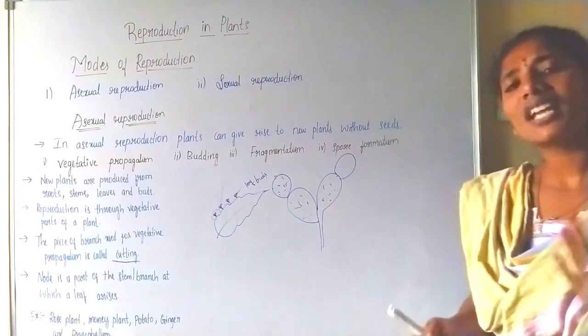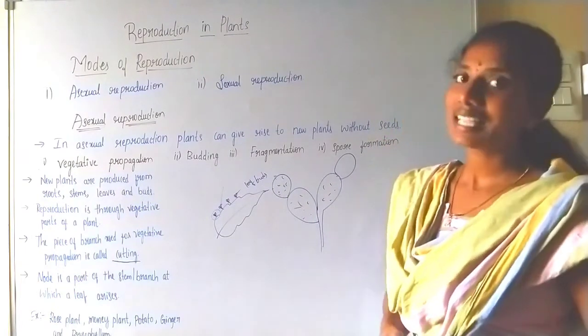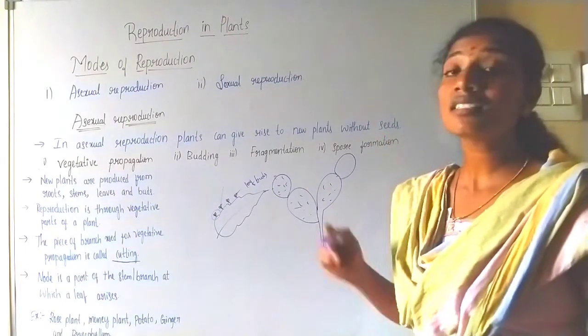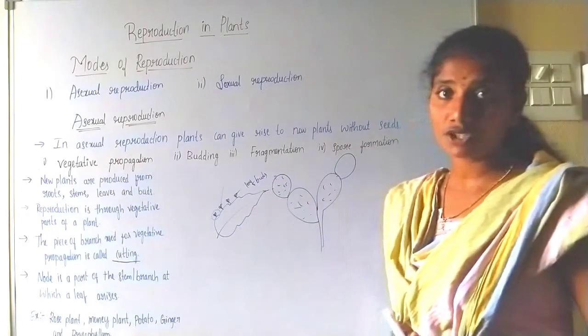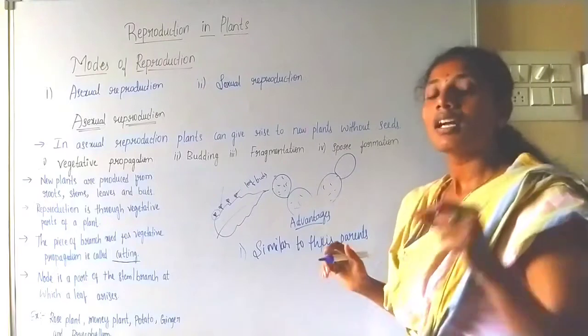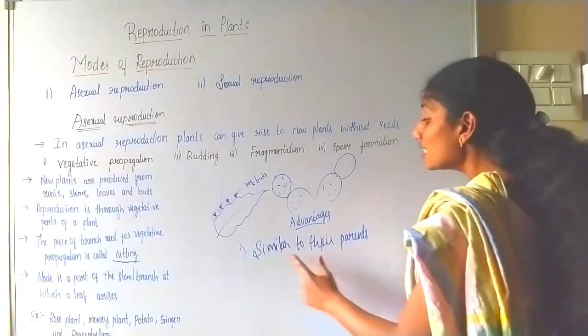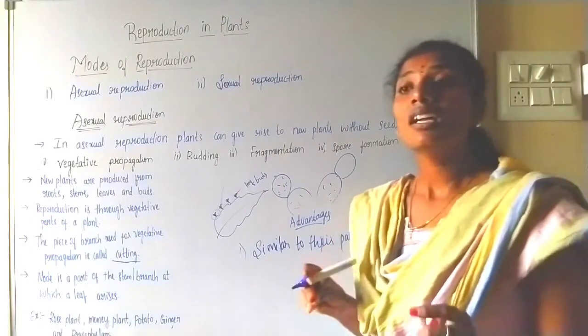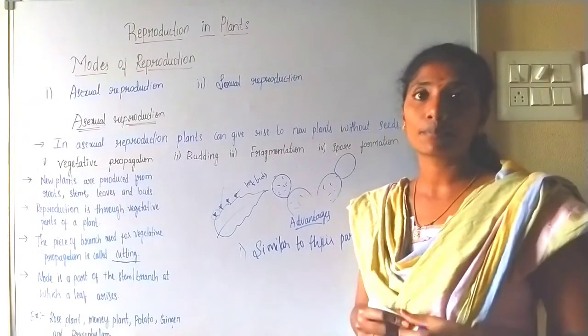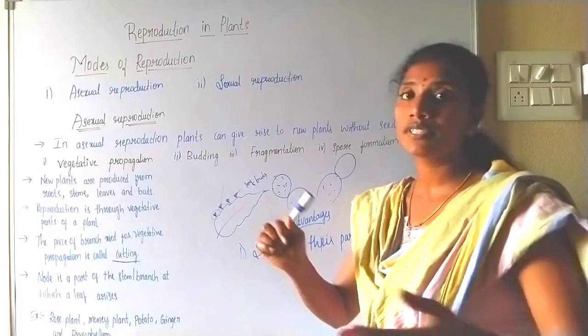Do we have any advantages when we go with vegetative propagation? Yes students, there are many advantages of vegetative propagation. The plants obtained as a result of vegetative propagation are similar to their parents. Whenever a plant has a special trait, meaning a character, for example, I have a black rose in my garden.